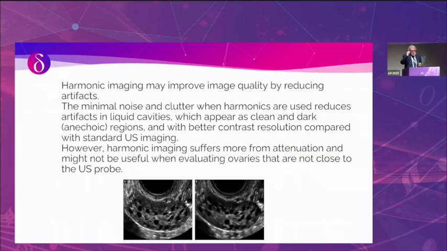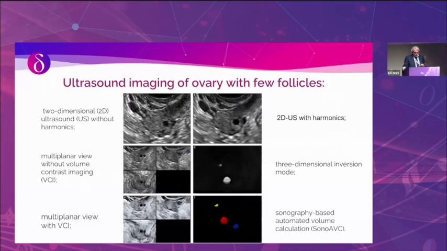The black is really black and the white is really white, and you can move the probe very gently, because the frame rate is reduced, and move the probe in the right manner to avoid artifacts in the image. This is a moment to visualize better. You can improve the pressure and obtain better images. It's also useful in case of very few follicles.